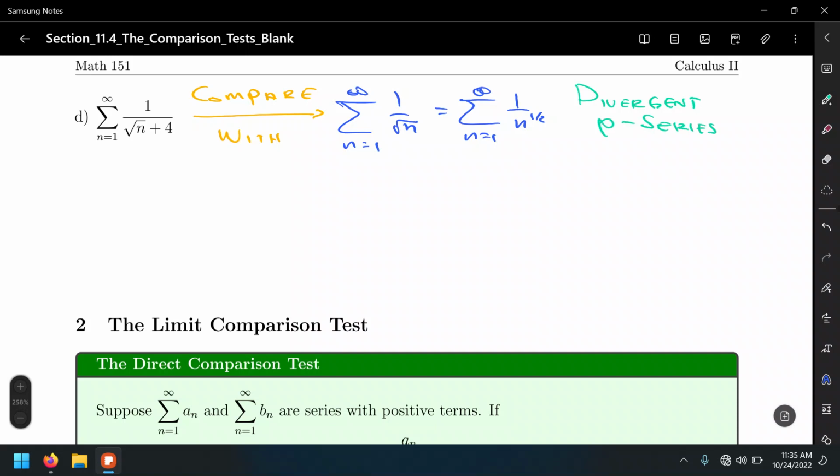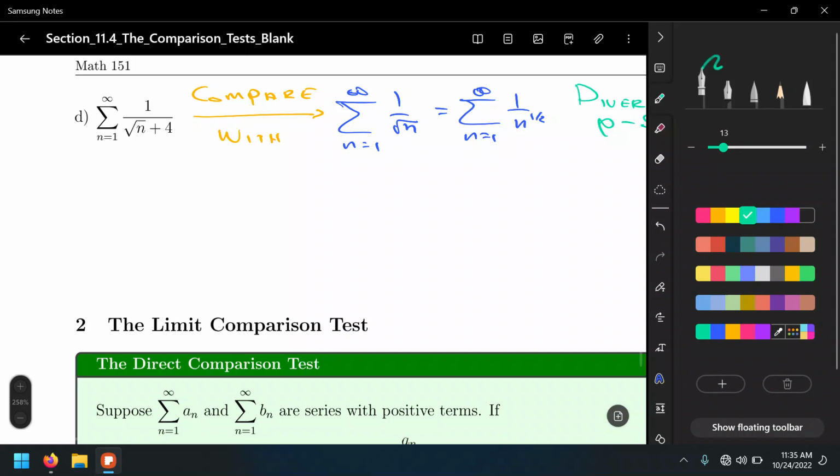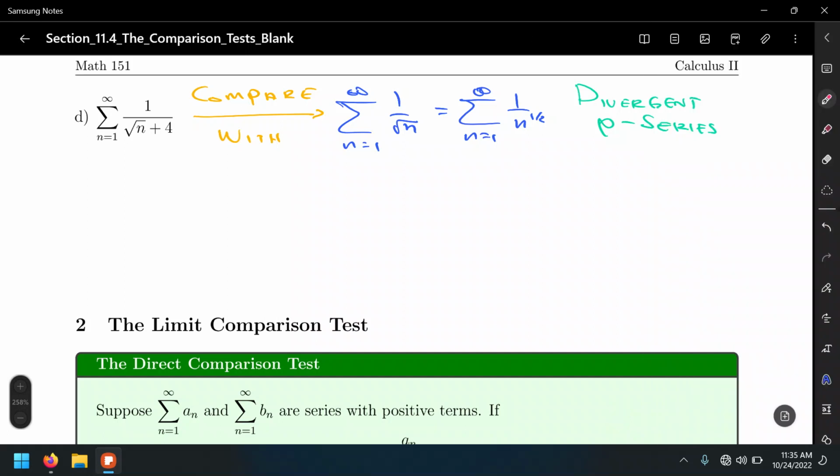And because the known series is divergent, again, we will have to show that huge is greater than or equal to big. In other words, our mystery series is greater than or equal the known series. In other words, again, let's set it up.